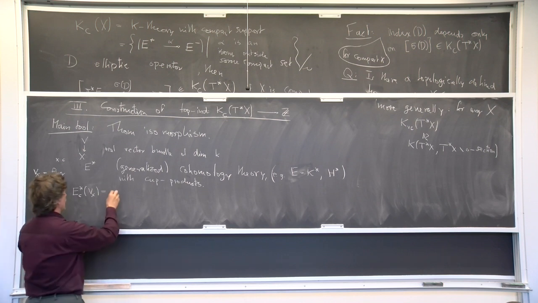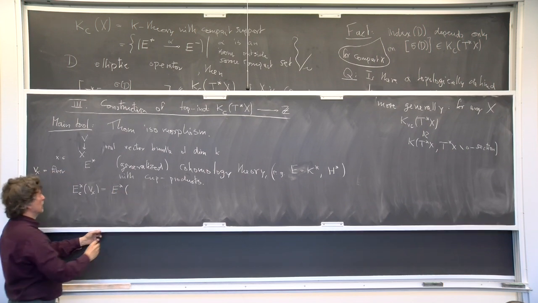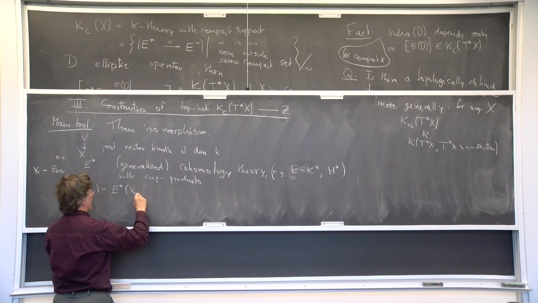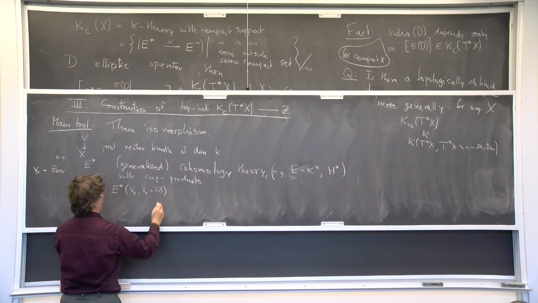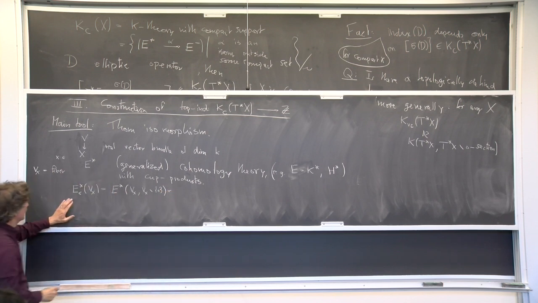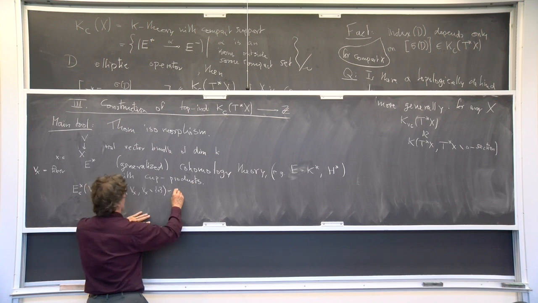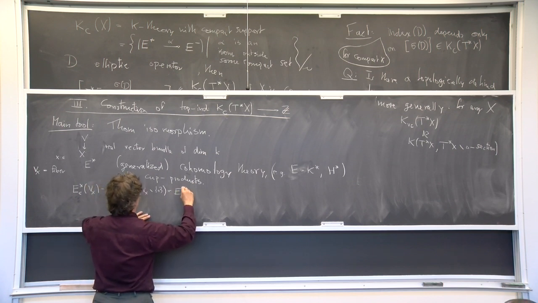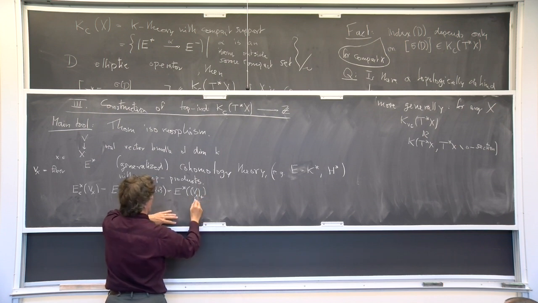One way is to take the vector space Vx relative to Vx without 0. Or another way: the compactly supported cohomology is the same as the cohomology of the one-point compactification, which I write Vx plus.